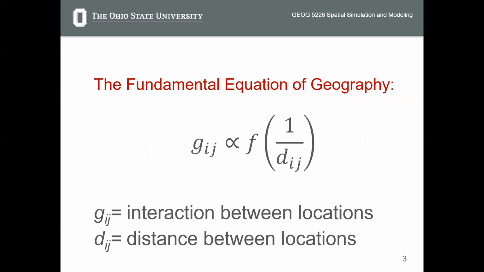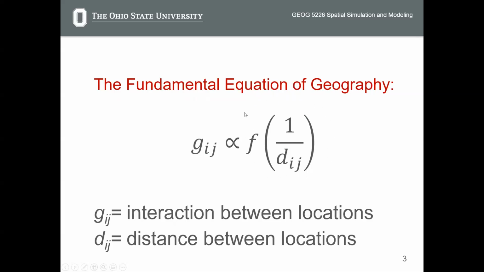But before we can discuss the importance of this first law of geography, this is a fundamental equation of geography, which means that we translate that first law of geography into mathematical language. So here, Gij is the interaction between locations. Dij is the distance between locations. So Gij is positively correlated with the reciprocal of distance, which means that this distance between locations will affect the value of this function.